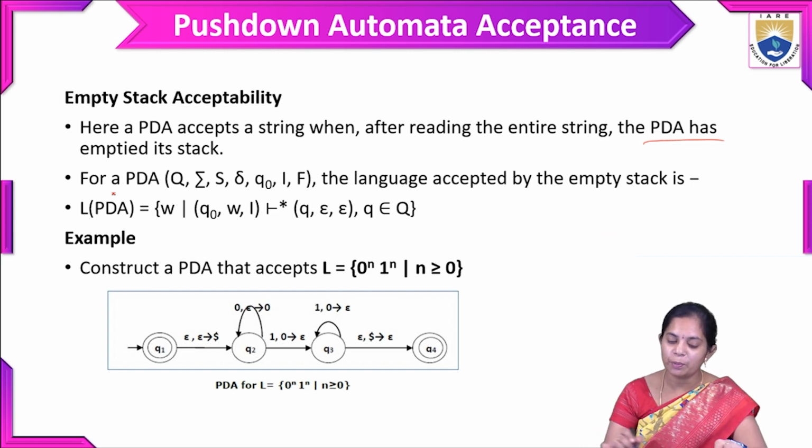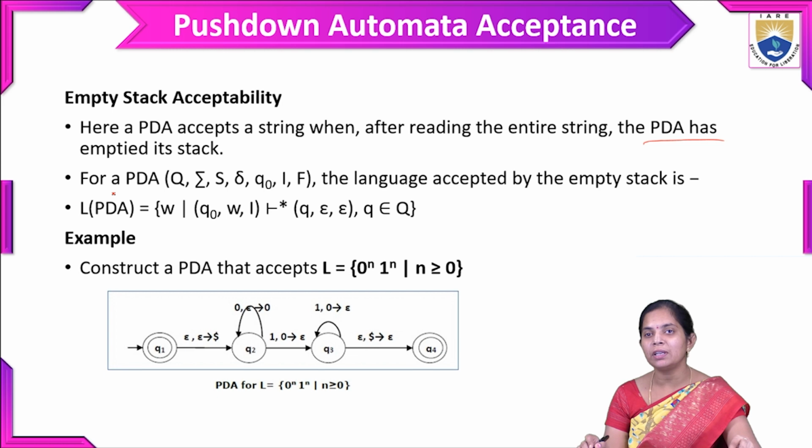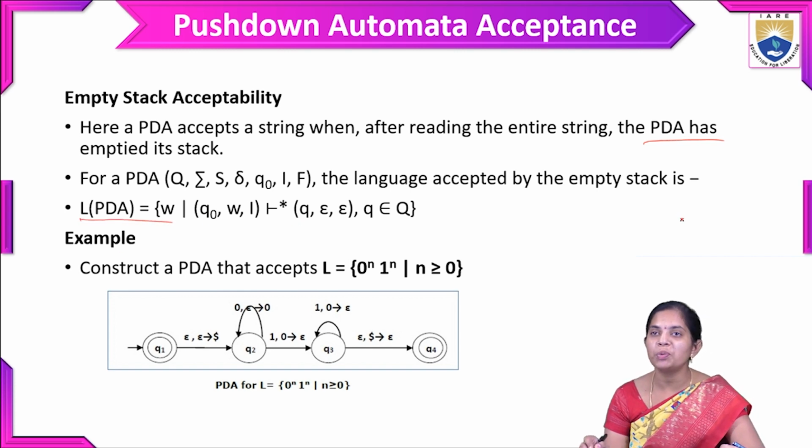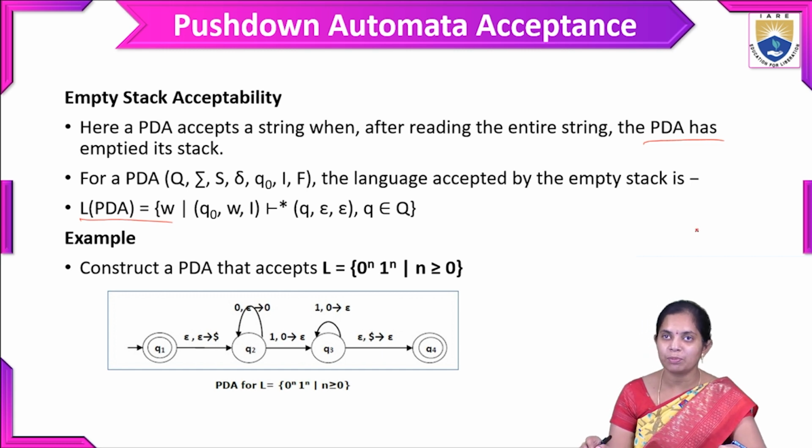And for PDA, this 7-tuple notation is common for either final state acceptability or empty stack acceptability. And for the given language, how do we construct an empty stack acceptability?